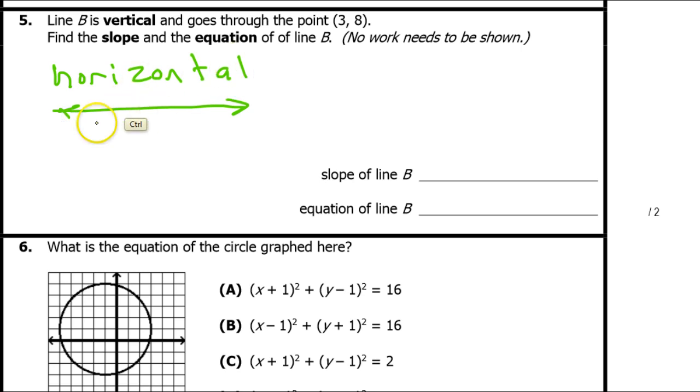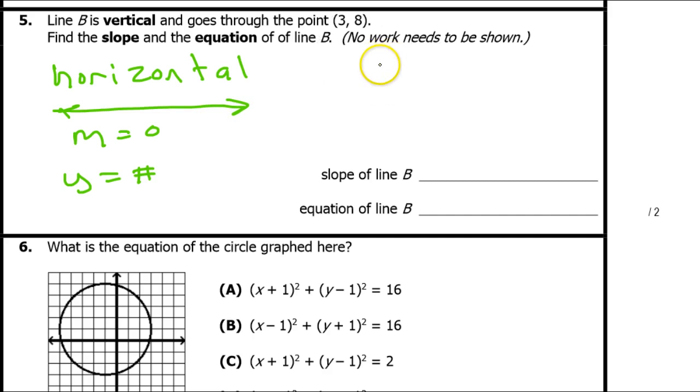A horizontal line always has a slope of 0. Also, horizontal lines always have the equation y equals something. So maybe it's y equals 2, y equals 5, something like that. That's how horizontal lines work.